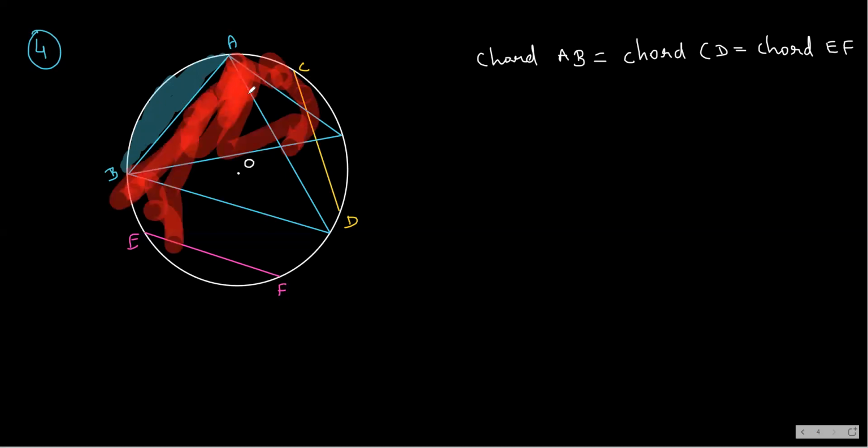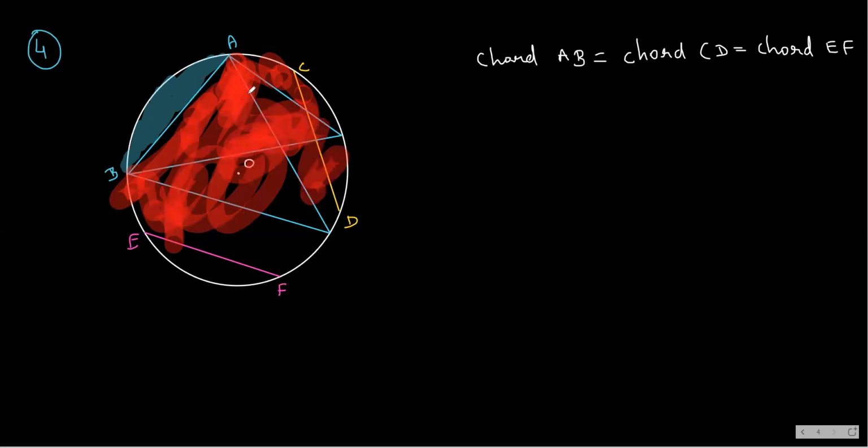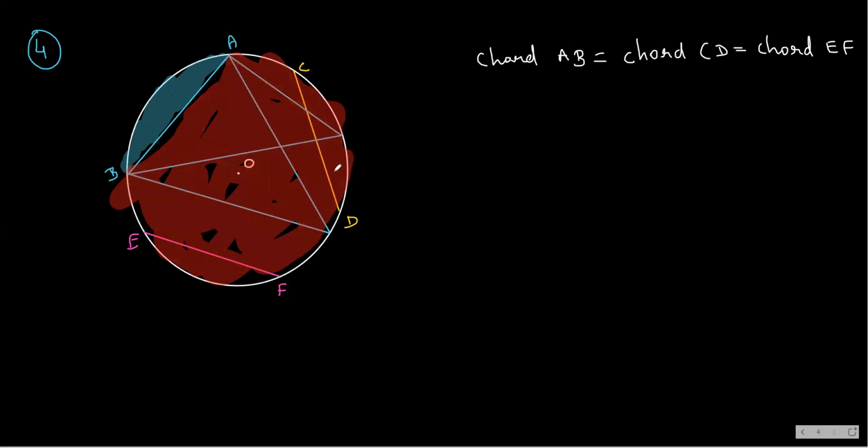So with the help of the chord AB, you can have the angle anywhere made on the circle. So I had it here, I had it here.